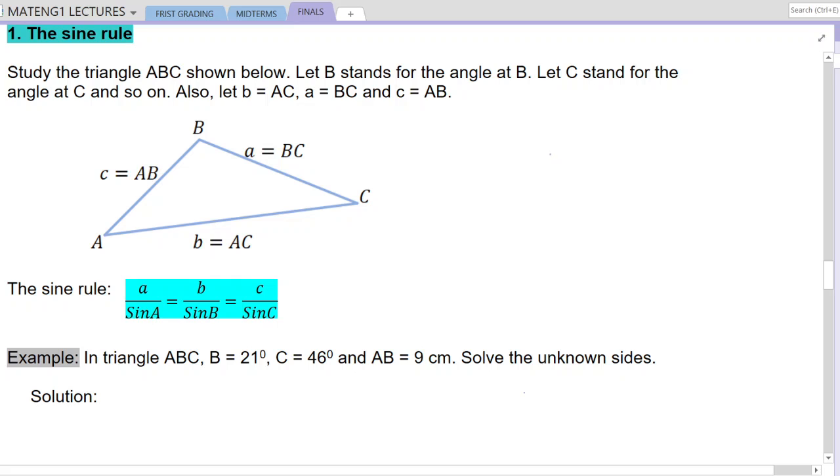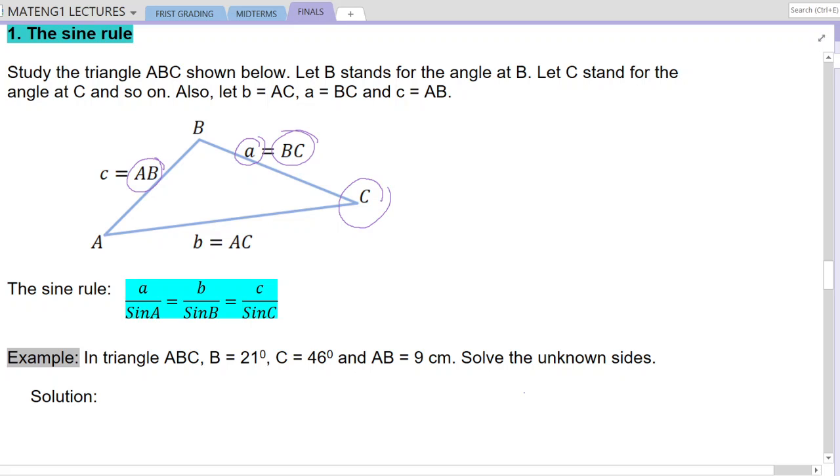Let B stand for angle B, C for angle C, and A for angle A. The lowercase b is equal to the length of AC, the lowercase c corresponds to angle C and is equal to line AB, and the angle A corresponds to its opposite side, lowercase a, which is line BC.